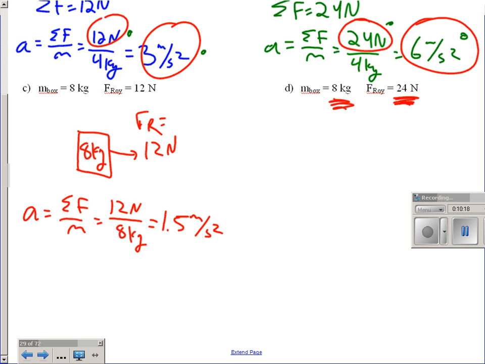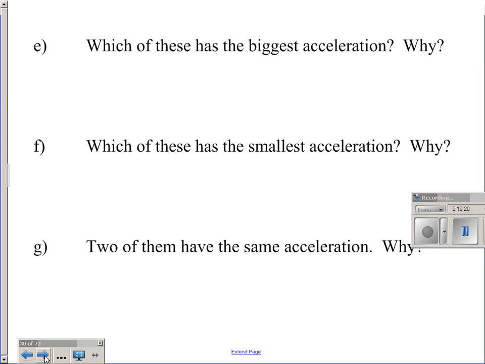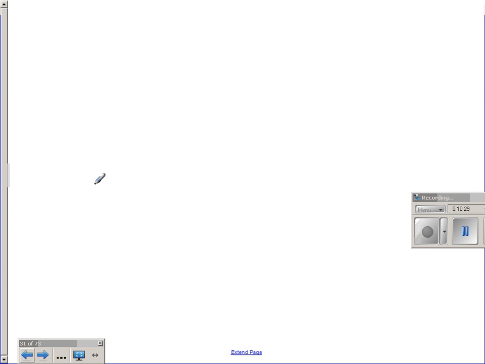Okay? All right, I think the last thing that I want to talk about here, well, this is talking about stuff that I already talked about, so I think the last thing I want to do is an example where we're calculating the net force. All right, so let's do this.